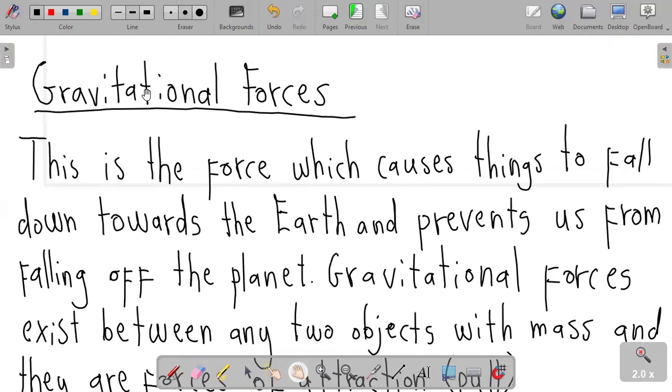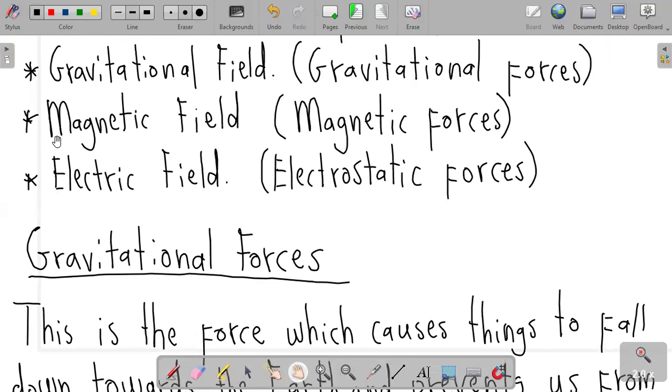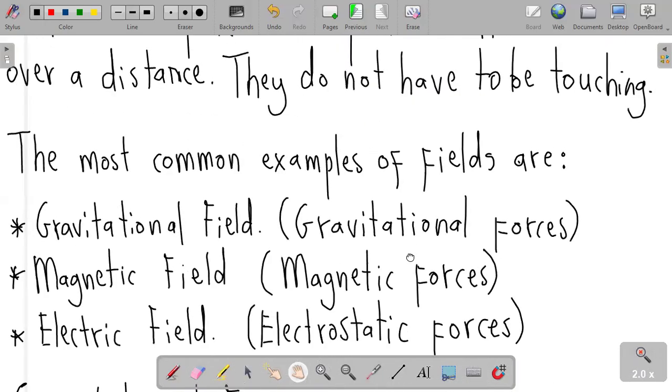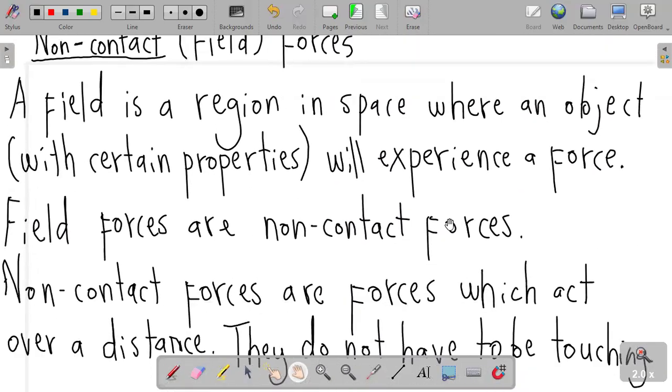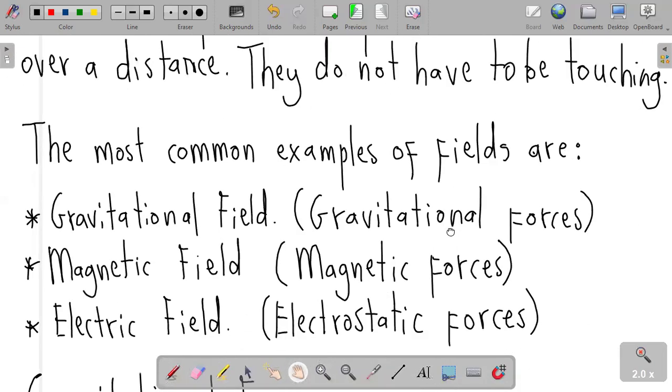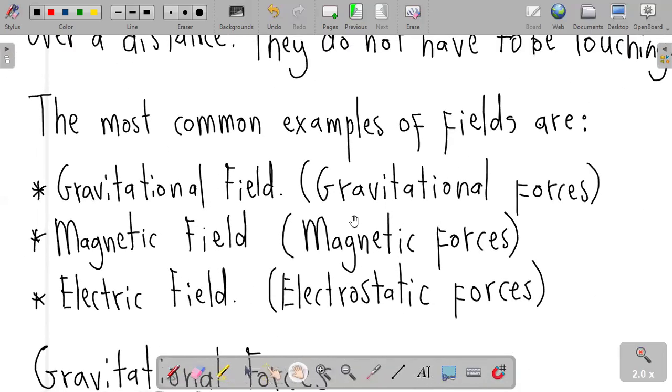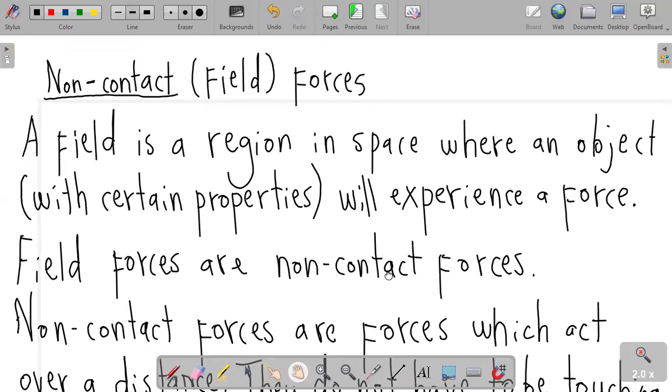We have not yet talked about the magnetic field and the electric field, and we will discuss them in the next lesson, lesson 5, where we will do some more on non-contact or field forces.